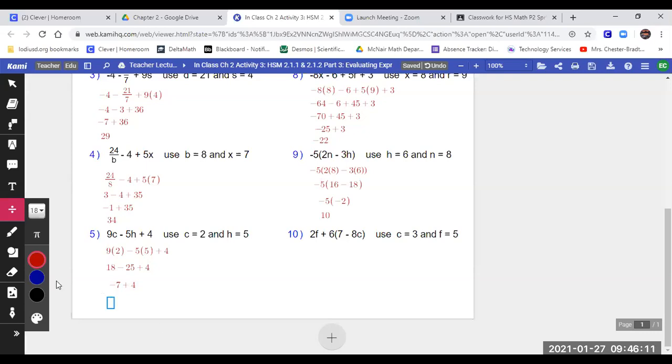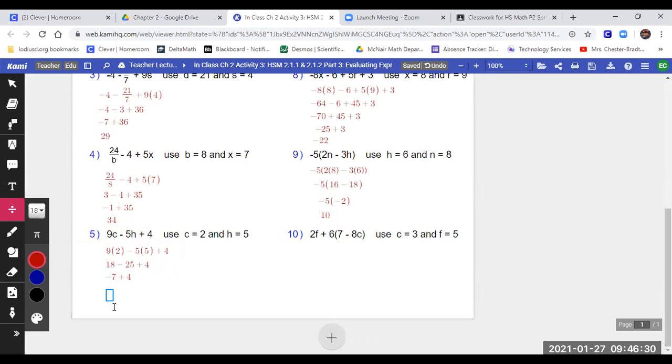Are these two numbers the same sign? No. So what are we going to do with these two numbers? And how are we going to figure out what the final answer sign is going to be?